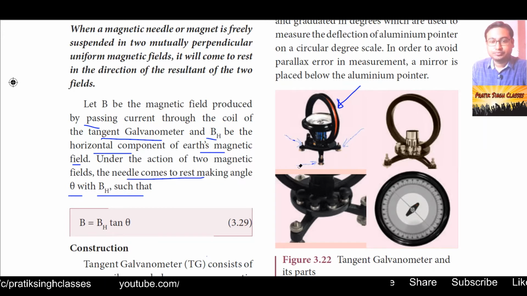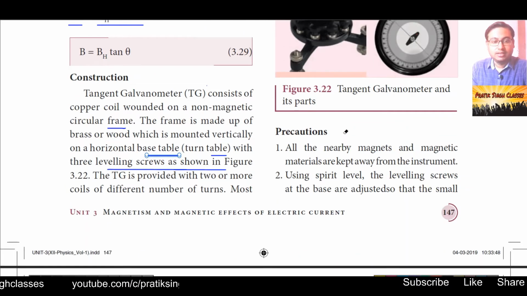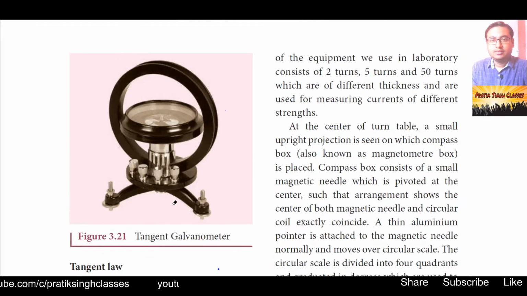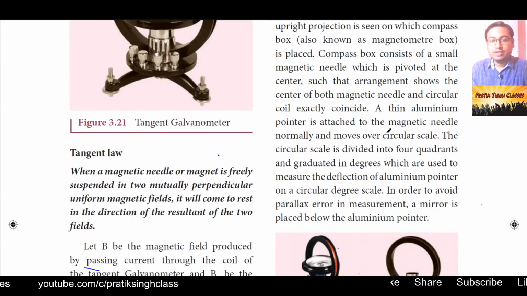This is an adjustable screw. The tangent galvanometer is provided with two more coils of different number of turns. Most of the equipment we use in the laboratory consists of 2 turns, 5 turns and 50 turns, which are of different thickness and are used to measure current of different strengths.